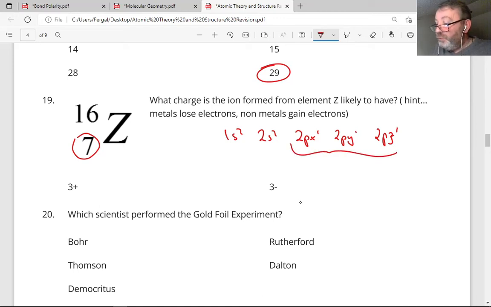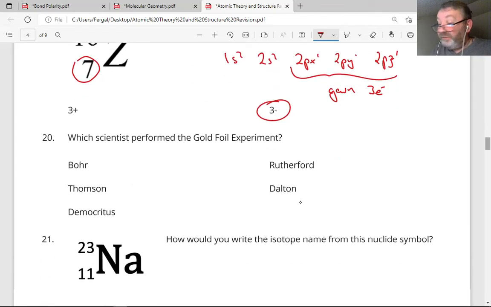And when they gain 3 electrons, don't forget, that means they're going to take on more negativity, which means they're going to become 3 minus. It's nitrogen, actually, and it's in group 5 as well. So you could look at it in group 5 and say, okay, element number 7, nitrogen, group 5, nearest noble gas is neon. Neon is 3 steps forward, has to gain 3 electrons, 3 minus.